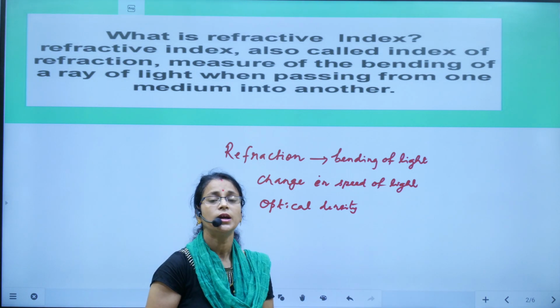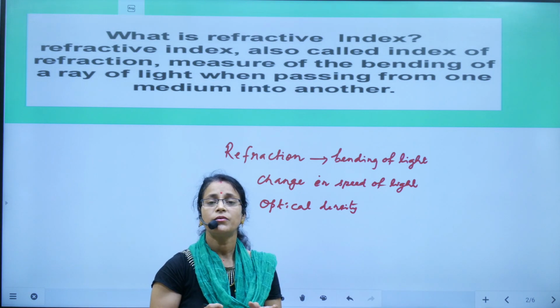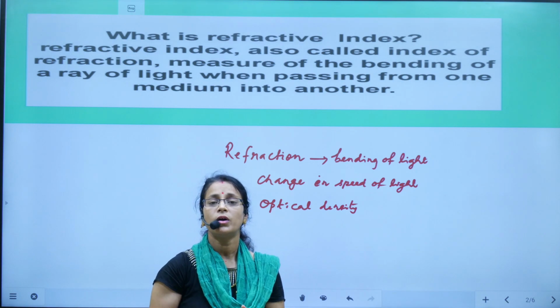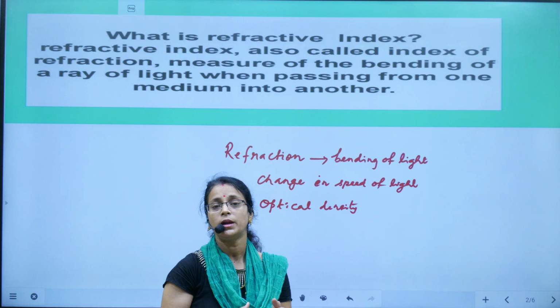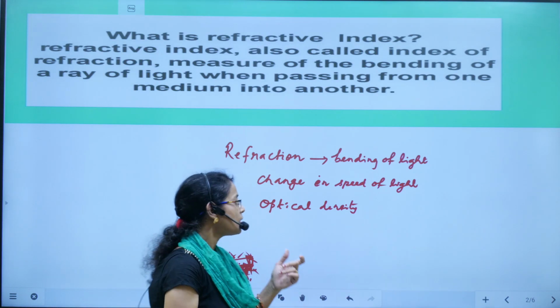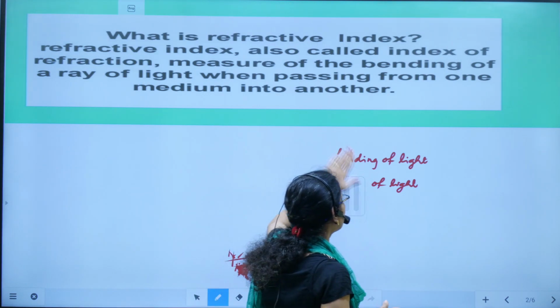Optical density means the density of the medium in which the light can travel. Whether the light can travel freely with a very fast speed, or with slower speed, that density defines the speed of light. So the speed of light changes because of this optical density.